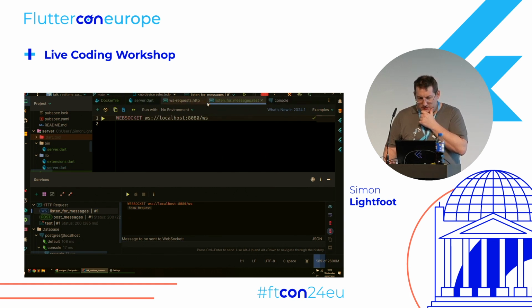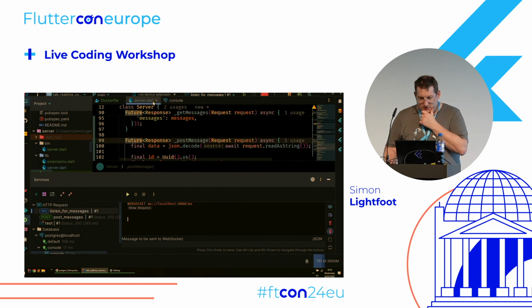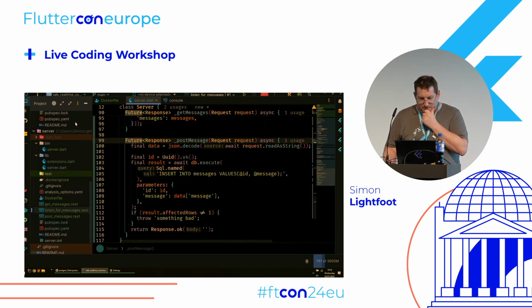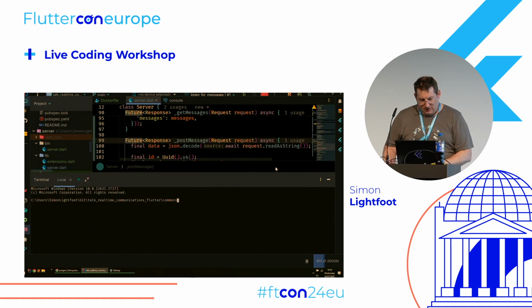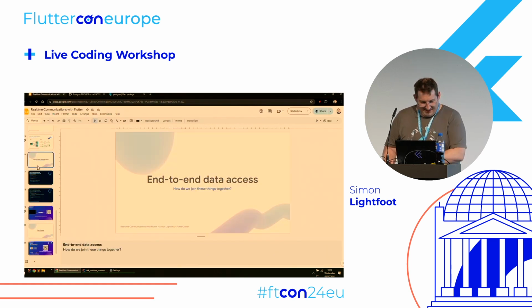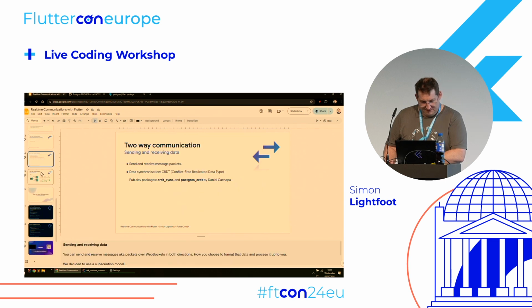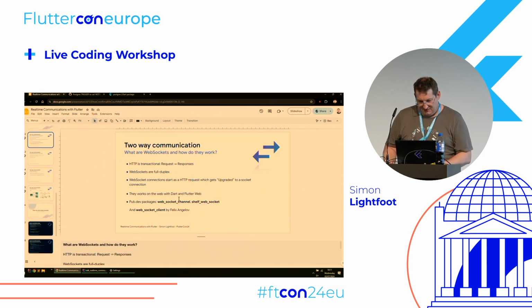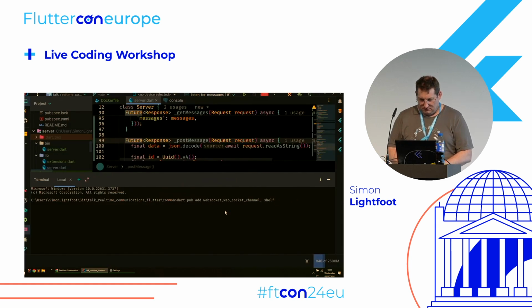Get rid of those. This will do. Make some room. Okay, so let's do dart pub add web_socket_channel. Oh, damn! Where's my talk? I forgot. See, that's the one I'm looking for. Grab them both. Can you add multiple? I don't know.